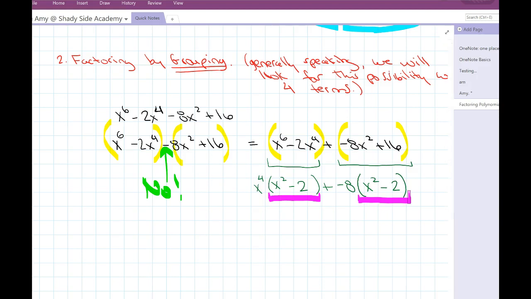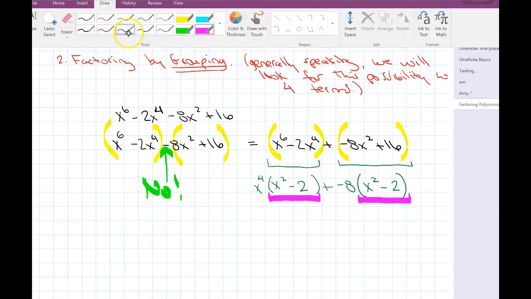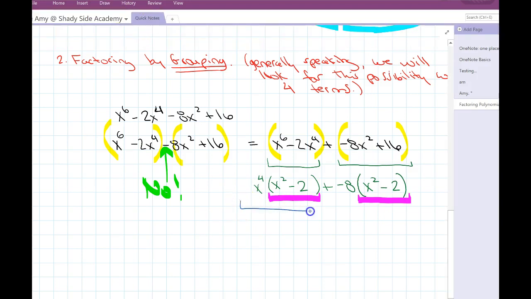Because now when you look at this expression as an entirety, I have term 1 plus term 2, right? And those two terms have a common factor of x squared minus 2. And when I factor x squared minus 2 out of the first term, I'm left with x to the fourth and then -8, okay?